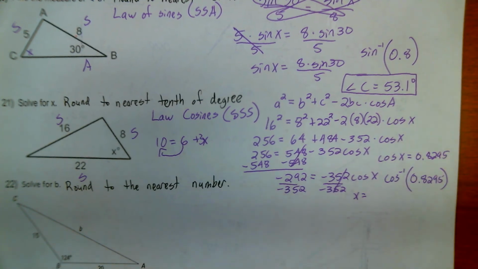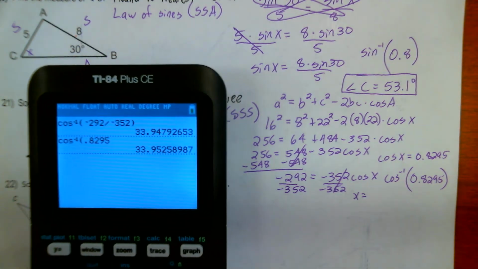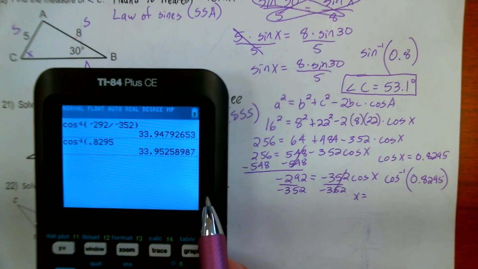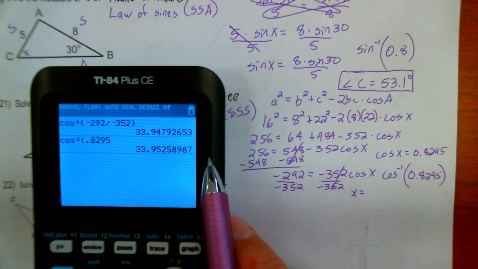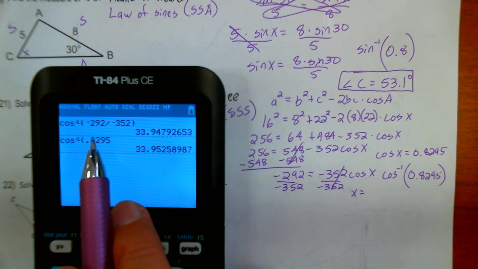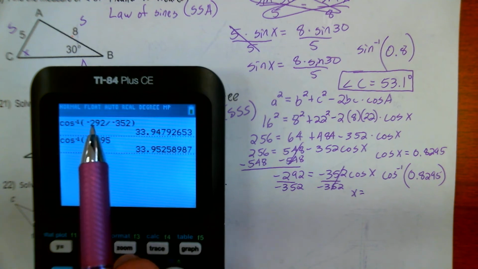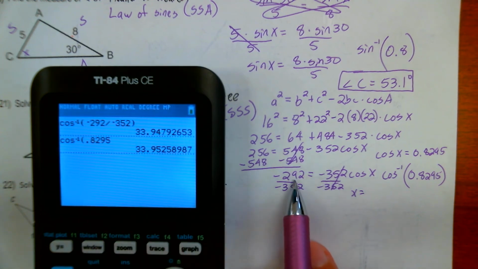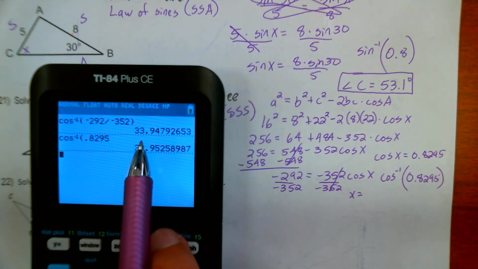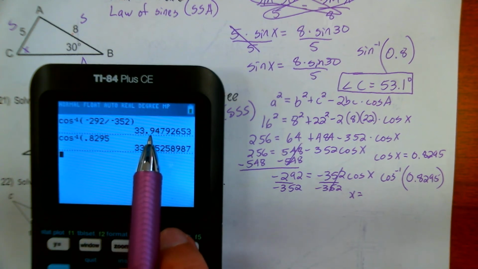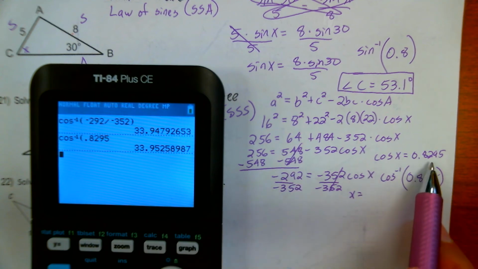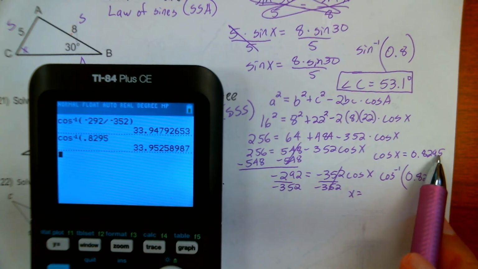Oh, you know what? This is exactly what I was talking about. This is why you really shouldn't round early, and you should try to get an exact answer. Because if you type it in this way, you do the inverse cosine of these two numbers, you get that. If I round that to the nearest tenth, that's 33.9. If you round early, even though I kept this out to 4 decimal places, that's still a little bit of a difference.